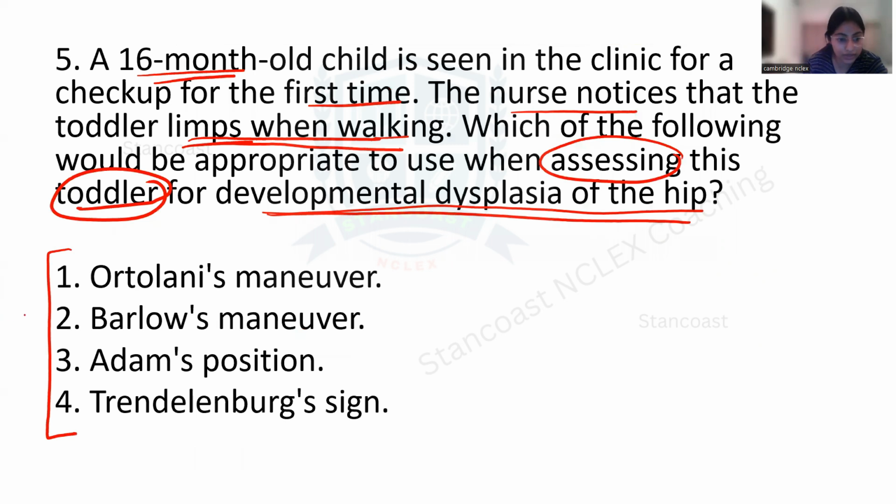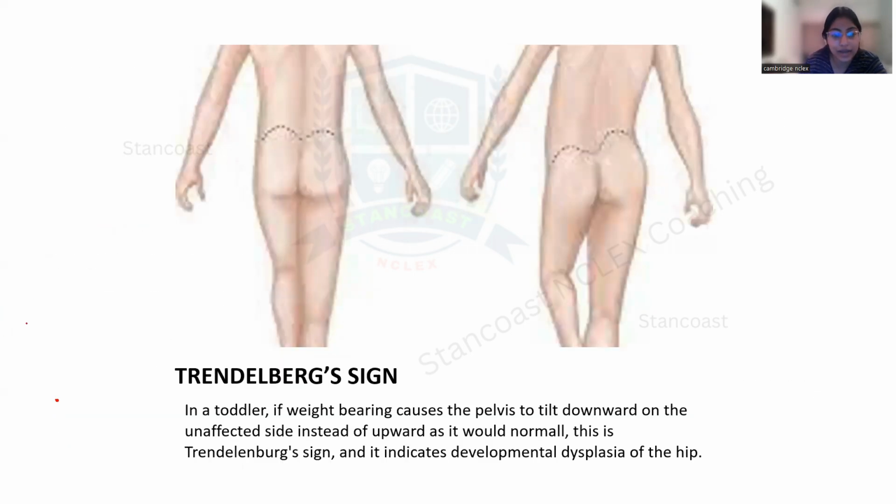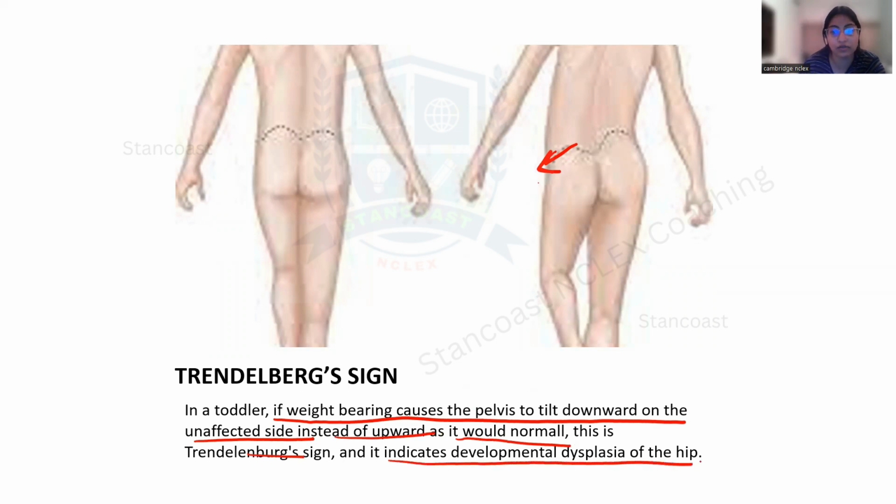Now the remaining option is the Trendelenburg sign. Let's see what the Trendelenburg sign is. In a toddler, if weight bearing causes the pelvis to tilt downward on the unaffected side, instead of upward as it would normally, this is the Trendelenburg sign and it indicates developmental dysplasia of the hip.